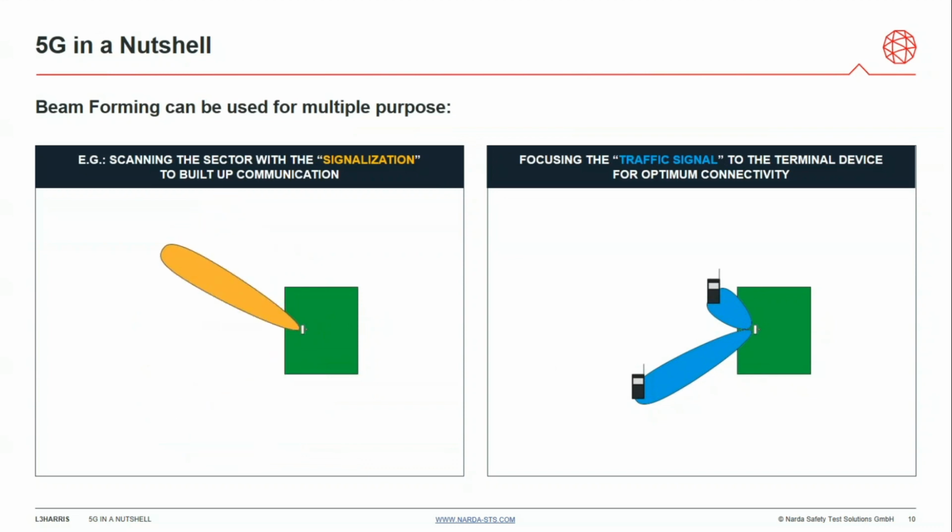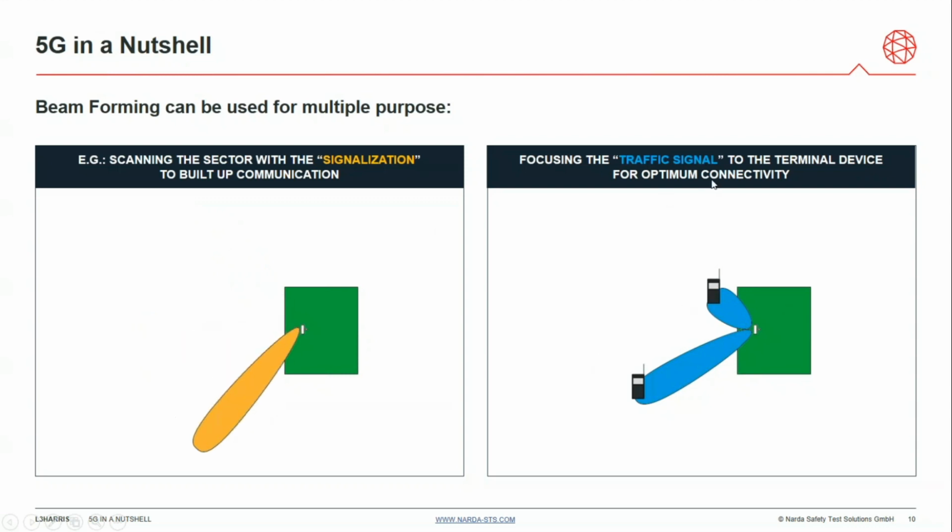Then we need to differentiate it to different cases. There is the synchronization of signalization signals, and it's possible, for example, to have this in a scanning mode, so in a dynamic mode, so that in each 120-degree sector, the signalization signal is scanning mainly for detection, communication with the mobile phones, and to make sure that they're getting synchronized, that they detect the cell, and so on.